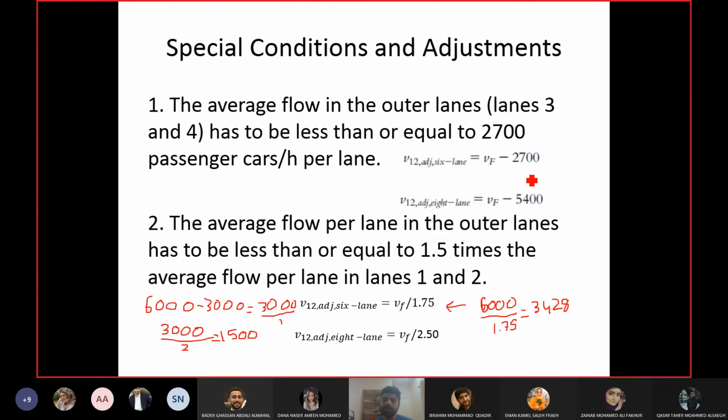So 6,000 minus 2,700 will give you 3,300, right? Now, if I take 3,300 divided by 2, it will give me 1,650, right?